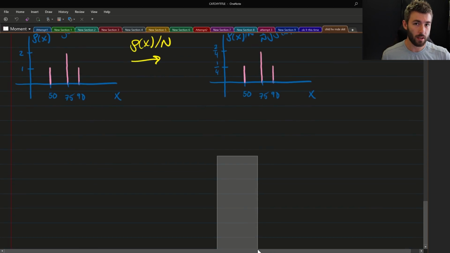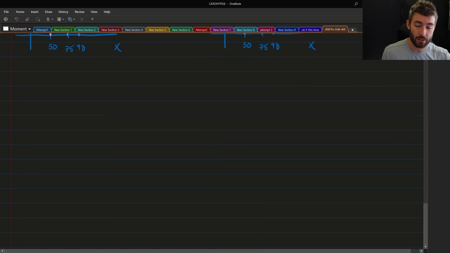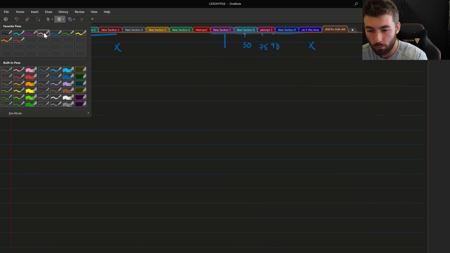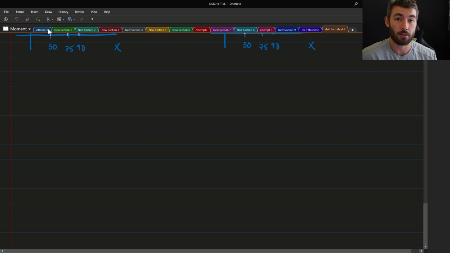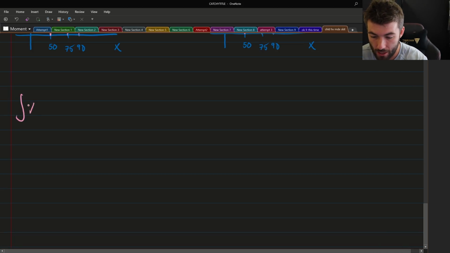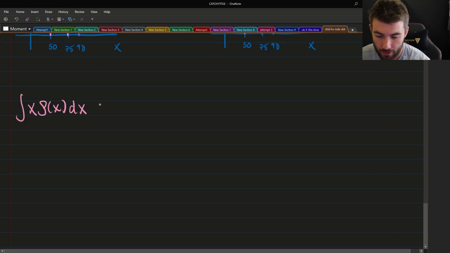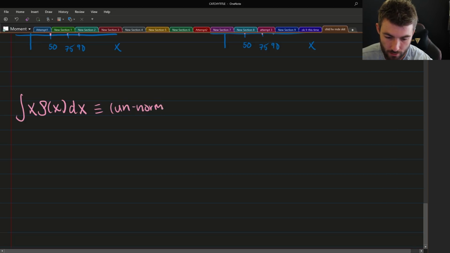Nevertheless, the 0th and the first moment tend to be relative to the origin. And if this doesn't make sense, it will. So what we're going to do now is sandwich an extra factor of x in here. So we're going to do the integral of x times rho of x dx. This defines what's referred to as the unnormalized first raw moment of rho.